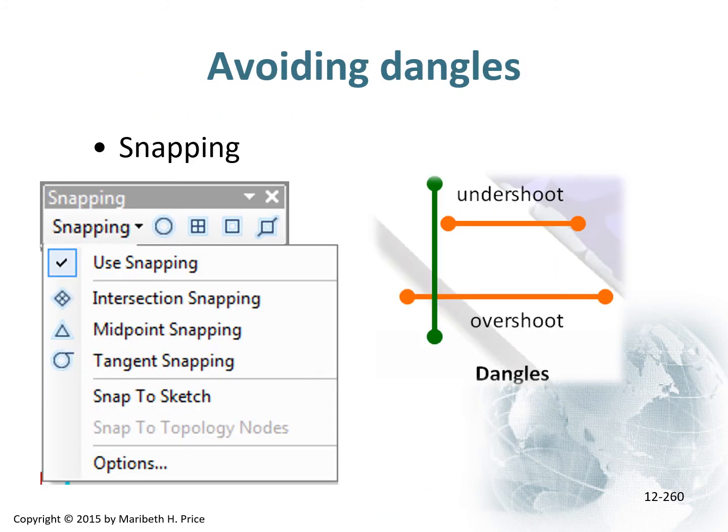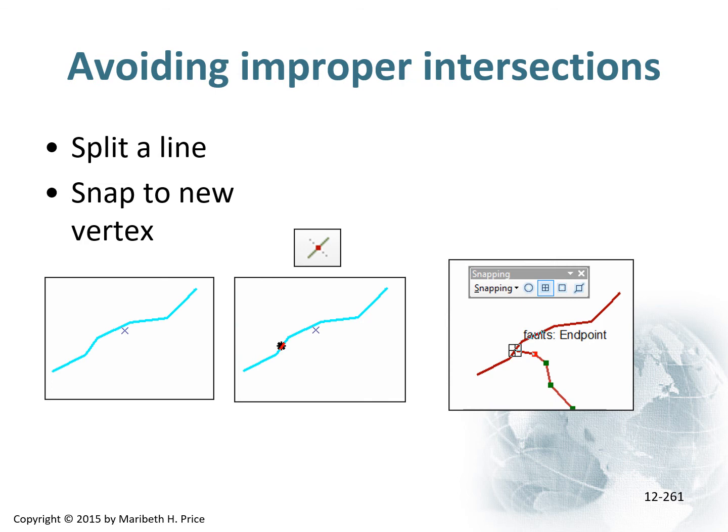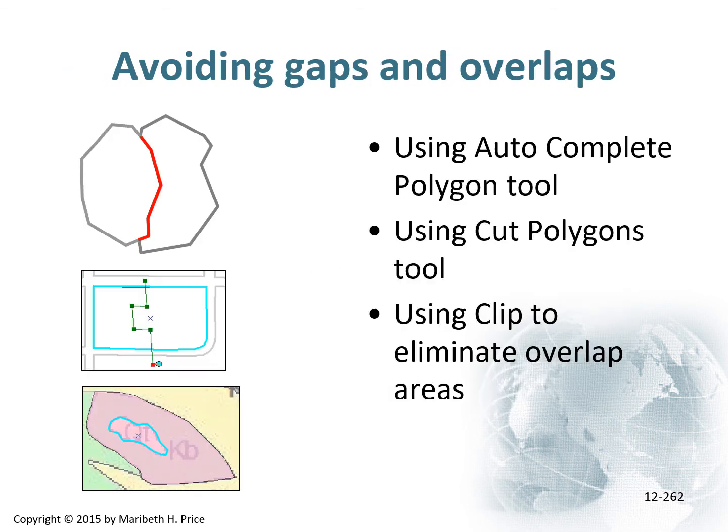When you're doing editing, there's some things you got to remember, like dangles, undershots, and overshoots, where things are supposed to stop on one another and they don't. You want to avoid improper intersections. Is it an intersection? Is it an overpass? Or is it an underpass? These are the things you got to fix, and that's where, with proper editing techniques, you can make it so that they're not a problem.